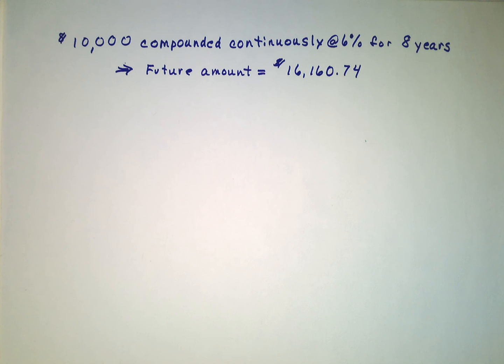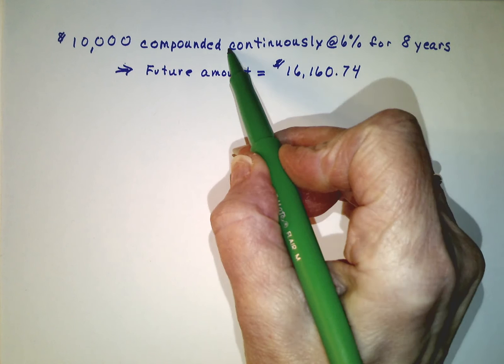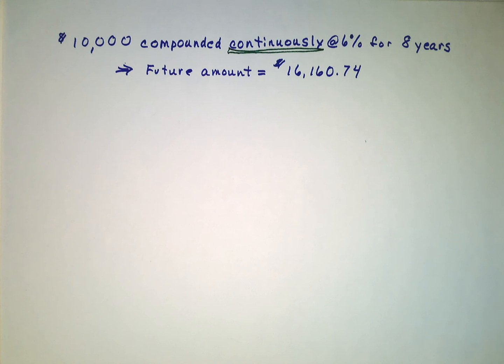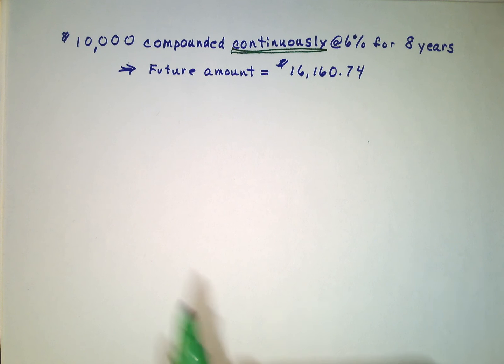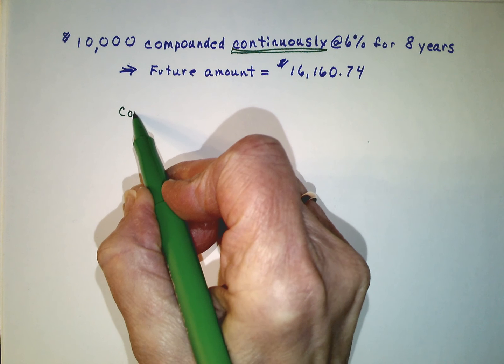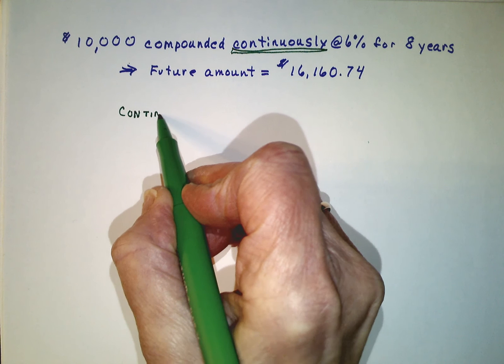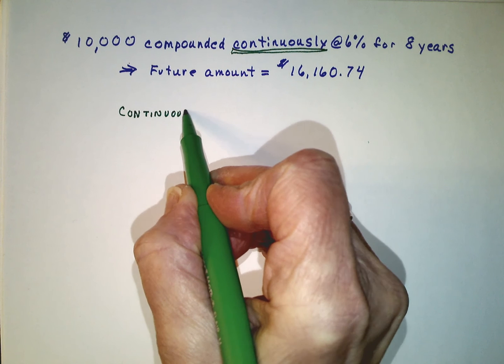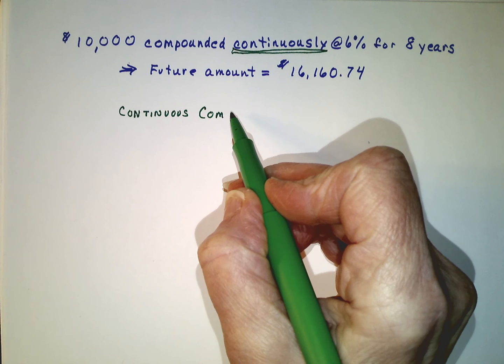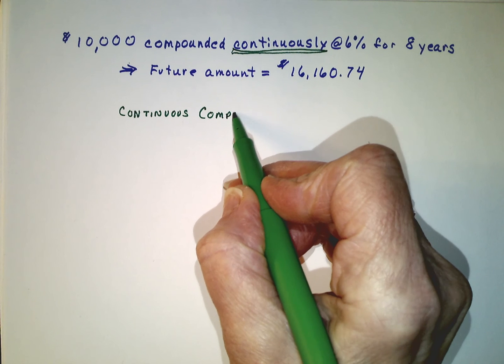Okay, for compounded continuously, we are not using the general growth formula. We have a whole different equation to use. So for continuous compounding, that's when we use the natural growth factor, e.